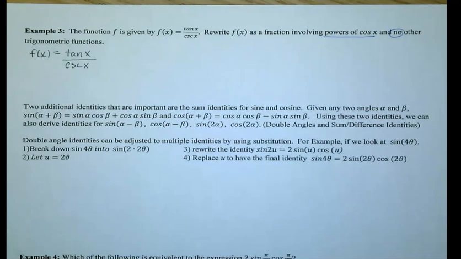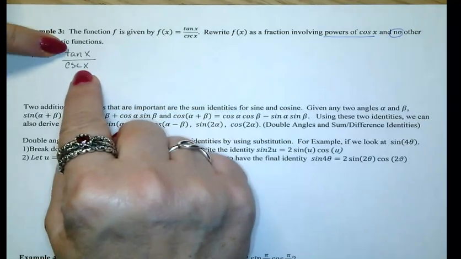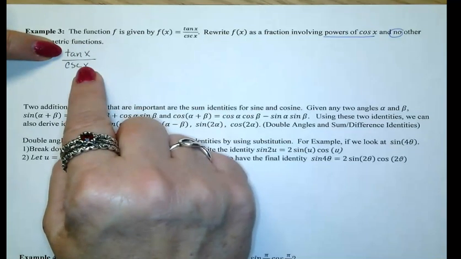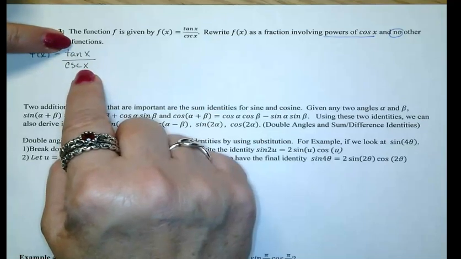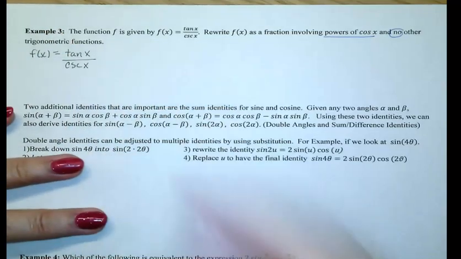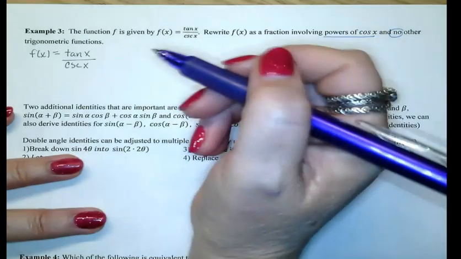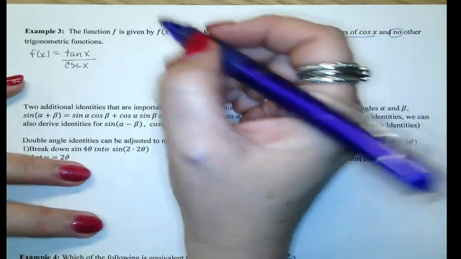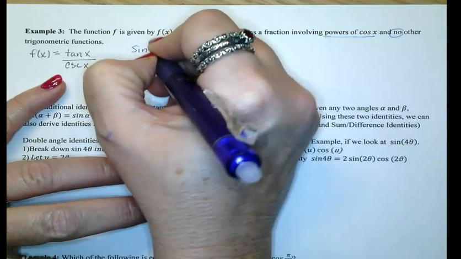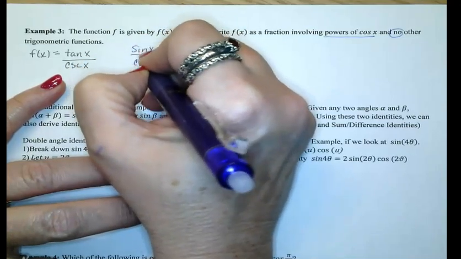But in this case, I can see some connections, right? I know that tan can be sine over cosine, and what's the reciprocal for cosecant? 1 over sine. So you can see again, I have a way to connect these two things together because they both have a sine x as part of the identity. So I am going to start by taking tan x, which is going to be sine x over cosine x.